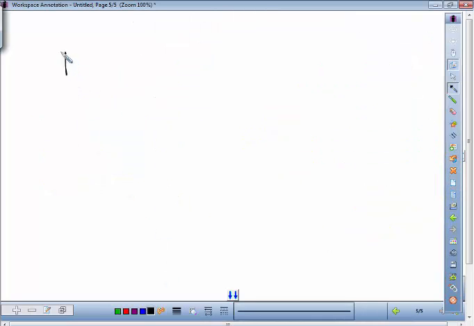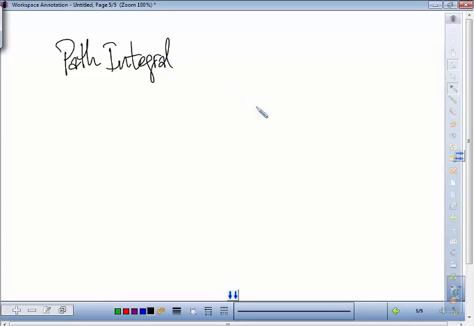So path integral is basically an integral of a function, and I'll include more.